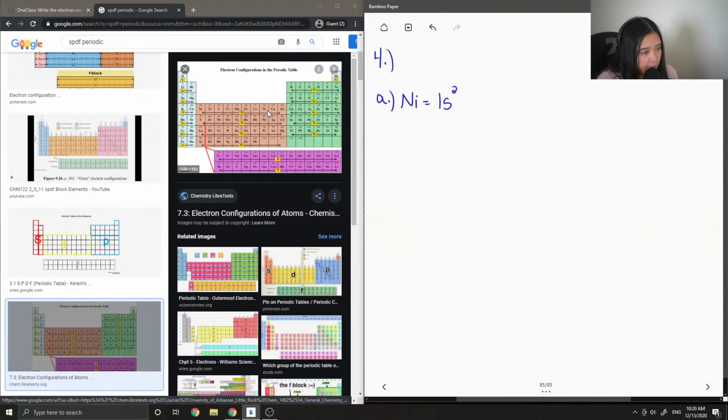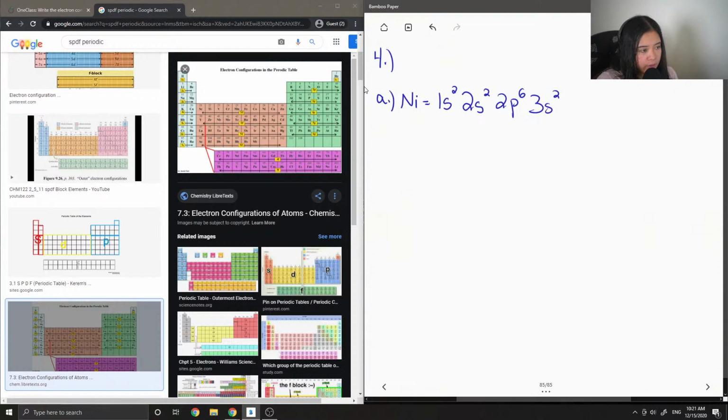There are 2, so we have 1s2. Then we go left to right to the next row: 2s2, and jumping over, 2p6. The next row is 3s2, then 3p6, and then 4s2.